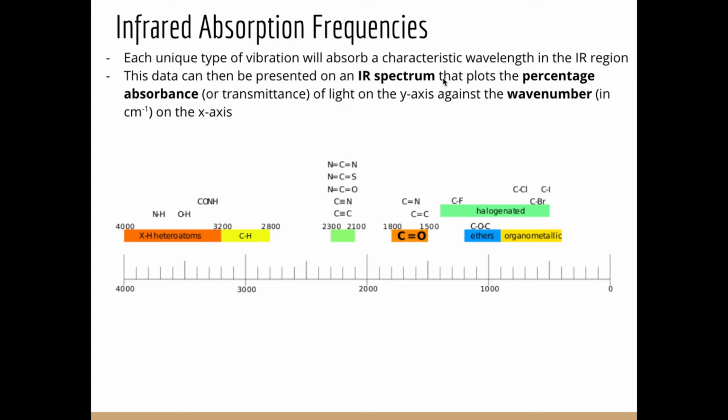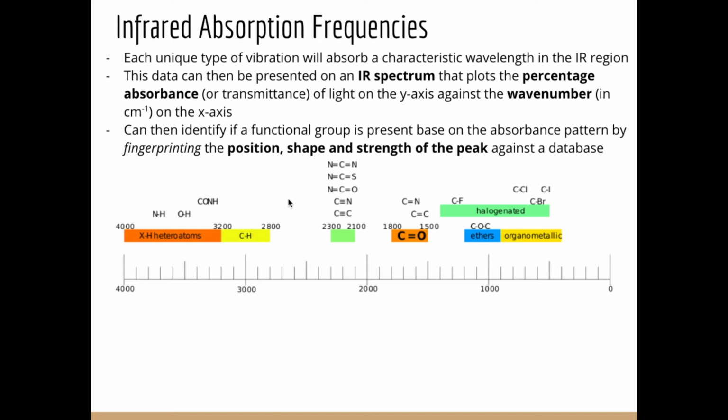So we can present this on an IR spectrum that plots the percentage absorbance, so how much is being absorbed, or conversely percentage transmittance, but they're pretty much the same thing, just opposite, and they look exactly the same. So the percentage absorbance of light is on the y-axis against the wave number corresponding to the IR region on the x-axis. We can then identify if a functional group is present based on the absorbance pattern by fingerprinting the position, shape, and strength of the peak against a database.